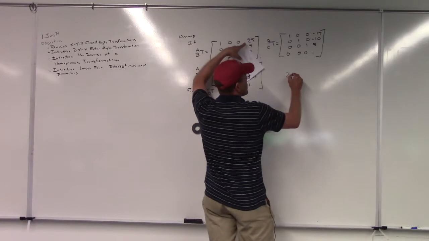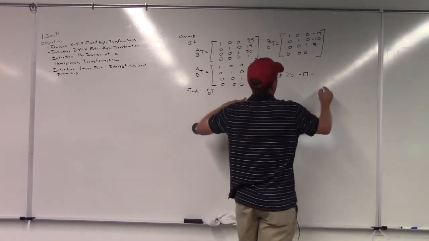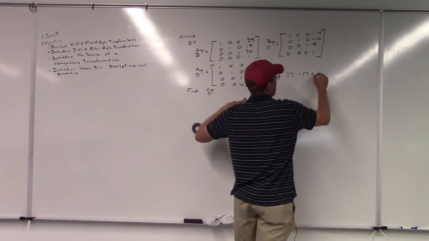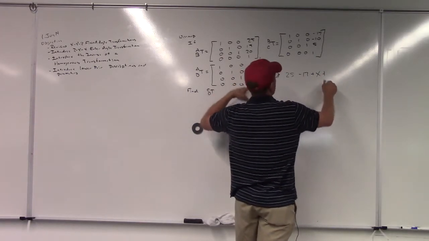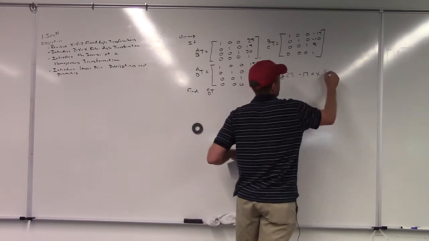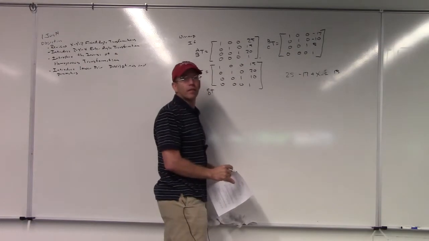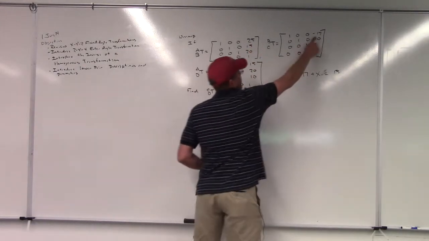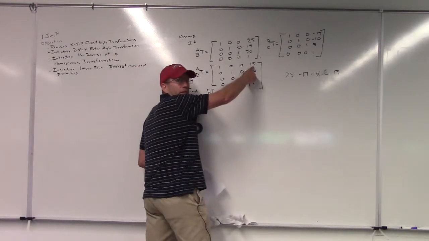25 minus 17 plus the missing quantity in C, I'll call it X, plus X is equal to 15. We could just say that this plus the missing x component out of here has to equal 15.